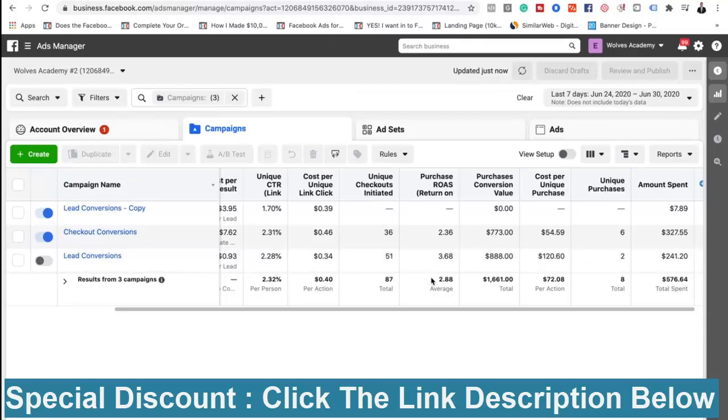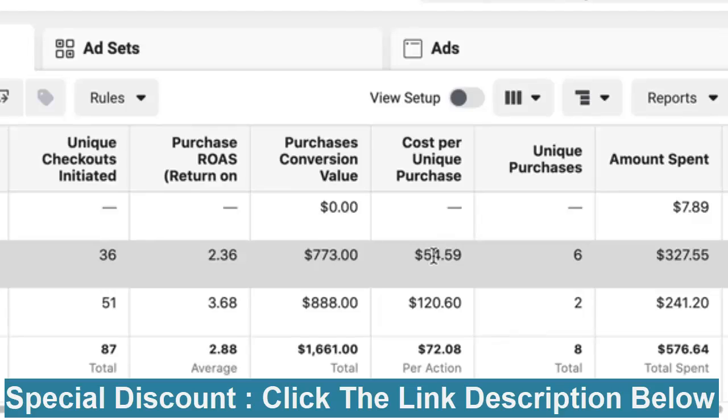As I stated before, my usual numbers are that I like to get purchases for less than $60, which is what this campaign is doing. Additionally, on average, the average earning per customer is usually about $120.